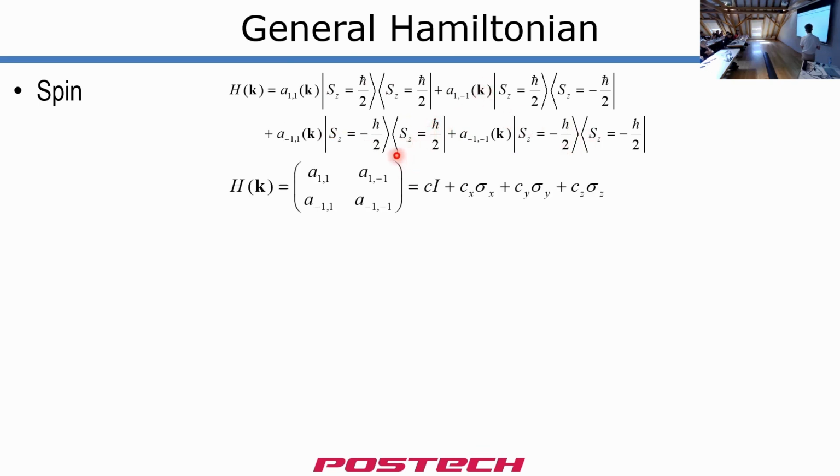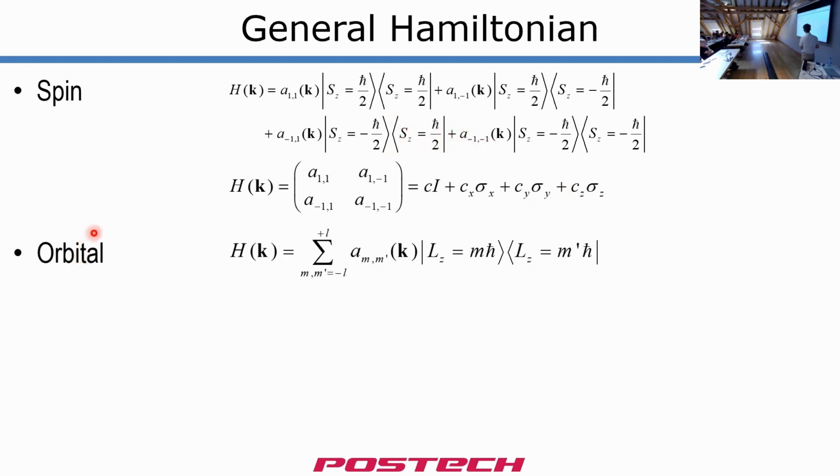So for the spin degree of freedom, the Hamiltonian may be represented by a 2x2 matrix. A general 2x2 matrix can be represented as a sum of three Pauli matrices and the identity. So spin dynamics is completely described by the three Pauli matrices, or spin operators.